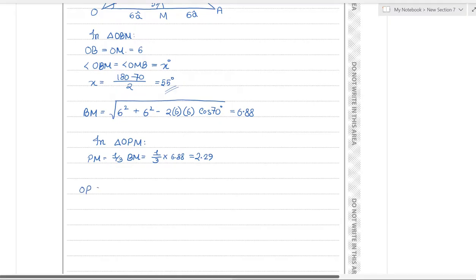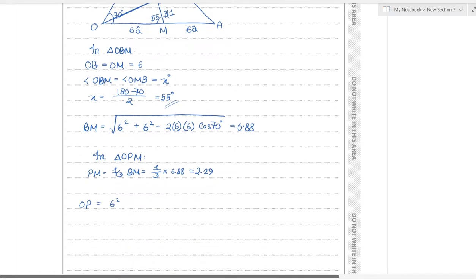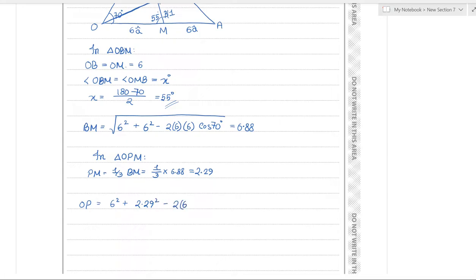So OP becomes the square root of 6 squared plus 2.29 squared minus 2 times 6 times 2.29 cos 55 degrees. If you calculate it, you get a value of 5.05. So the numerical value for OP, with 3 significant figures, is 5.05.